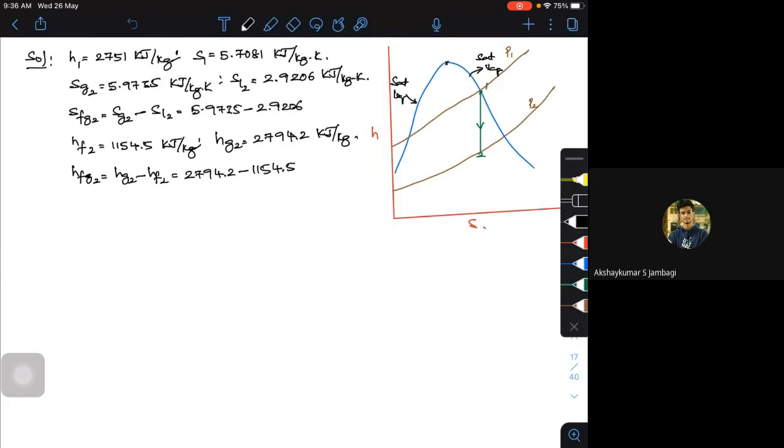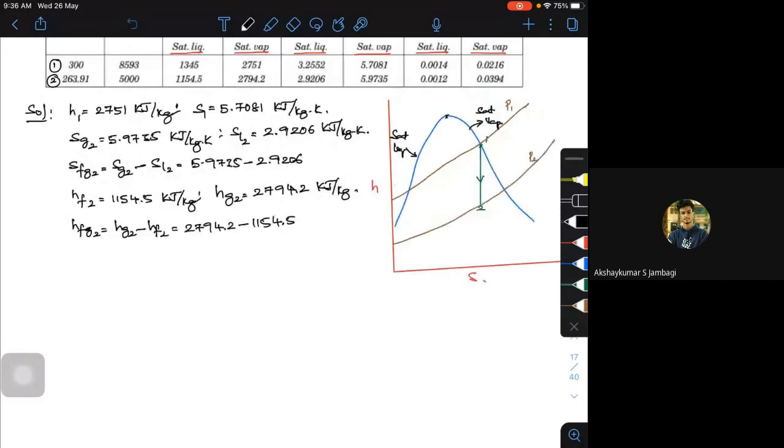Now, if you look at it, what type of expansion is it? Since the expansion is isentropic, isentropic means it is a reversible adiabatic process. Therefore, entropy at point 1 is equal to entropy at point 2.